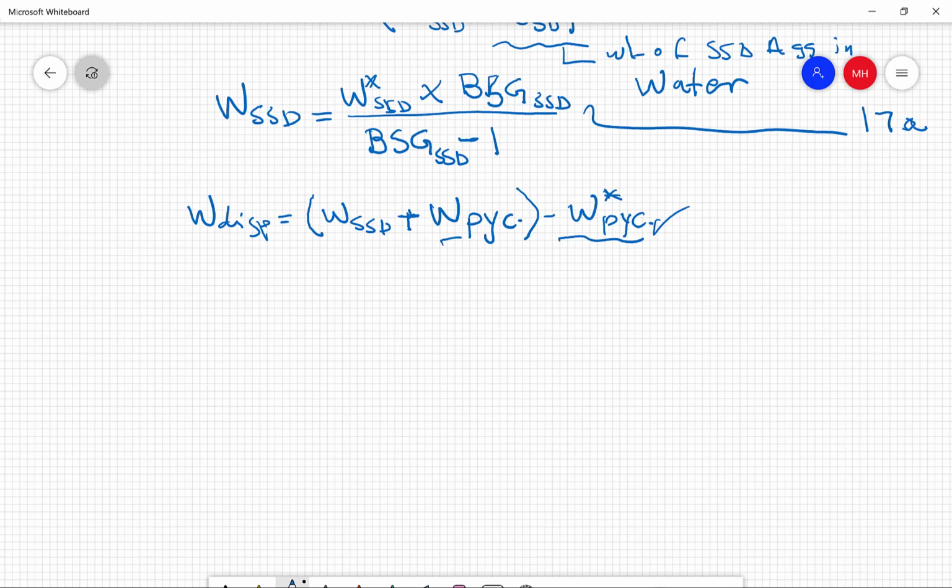And this value here is the weight of the pycnometer containing only water. And again, it is known from the experiment used to measure the bulk specific gravity SSD. So the weight WSSD is not known, but again, by substituting in equation number 17, let's call this 17B.